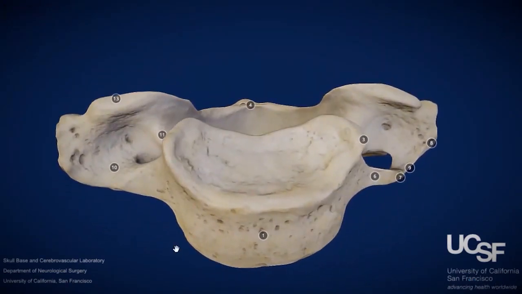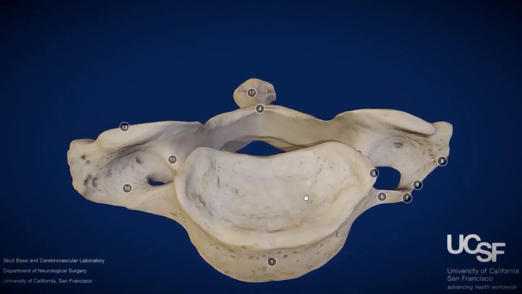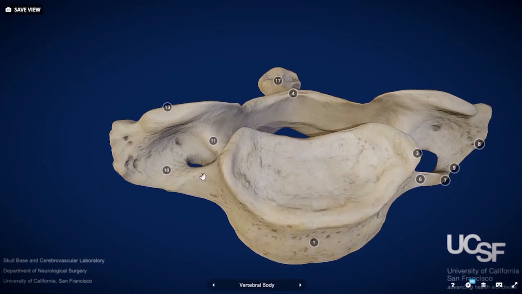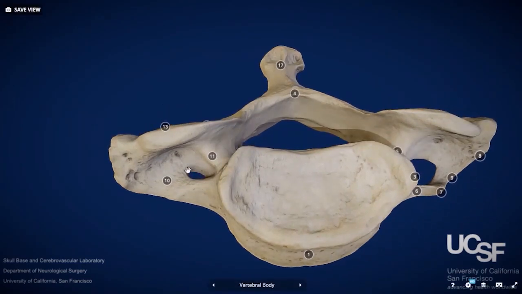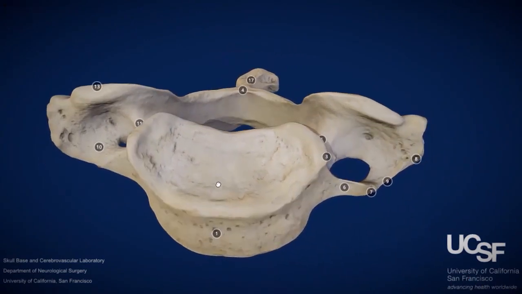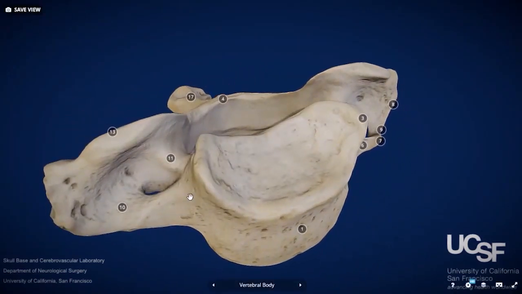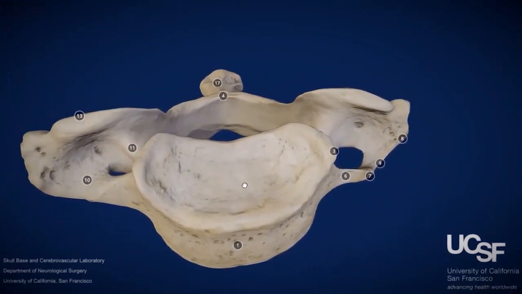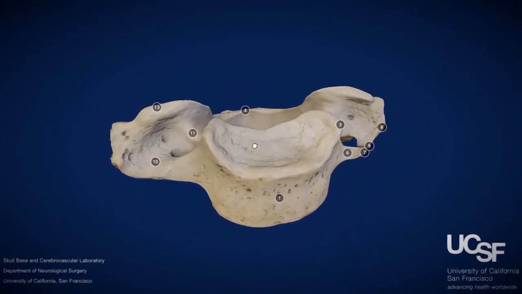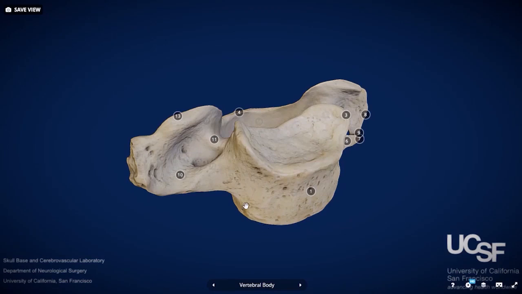Another thing that is worthwhile to mention, and this can be found regularly on C7, is the absence or the atresia of the transverse foramen. If we remember, the transverse foramen of C7 usually lies inferior to the axis of the vertebral artery to the conventional level, which is the transverse foramen of C6.